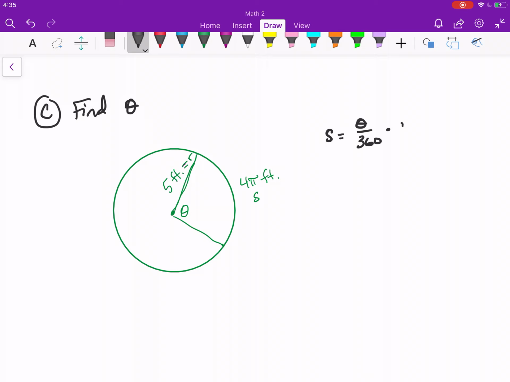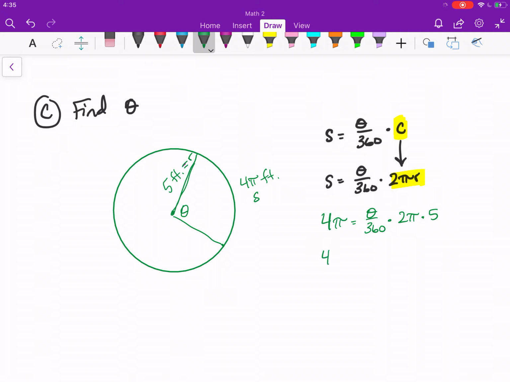But since we have the radius, I'm going to write it this way. 360 times 2 pi r, because they are the same thing. Circumference is 2 pi r. And then I'm going to plug things in. So I have 4 pi is equal to theta over 360 multiplied by 2 pi times 5. So theta over 360, 2 pi times 5 is 10 pi.